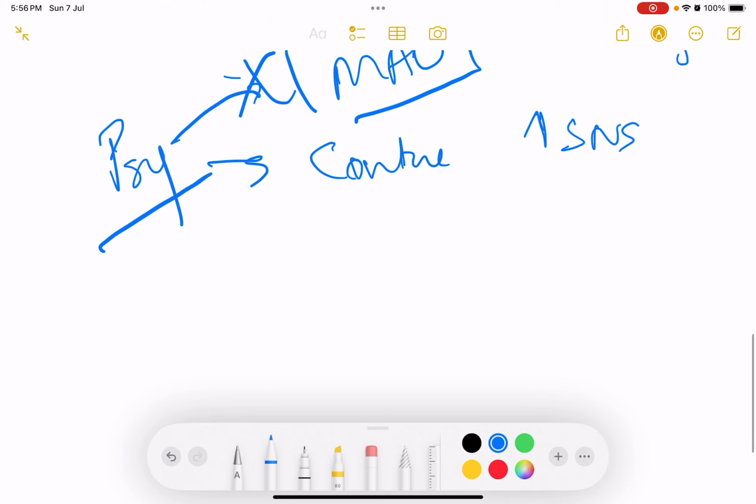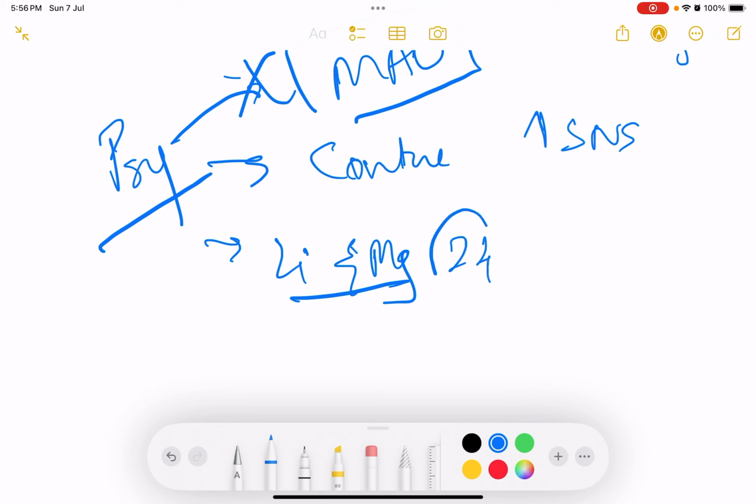So that is one. Then lithium, if it's lithium and magnesium as well, all right? Lithium, magnesium, they are also contraindicated with muscle relaxers, right? You cannot give it, so you need to stop it 24 hours prior to giving a muscle relaxant, right?